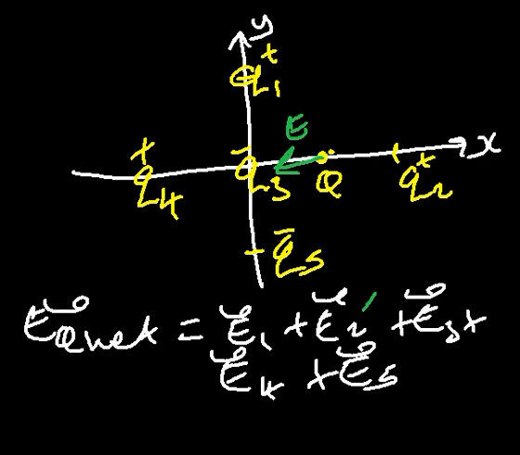And likewise, you also go for E3. E3 will be towards this direction, since this is the negative charge. Then this is the angle A3. You resolve into components, the x component as well as the y component.